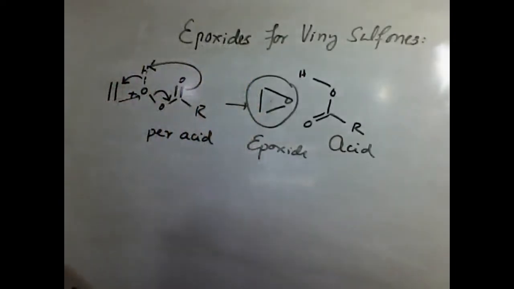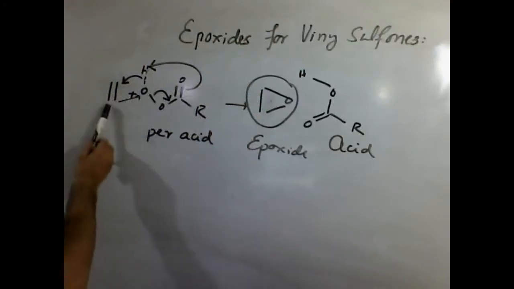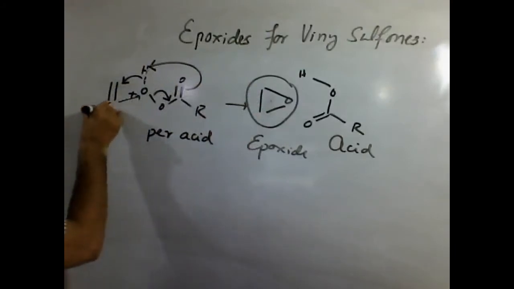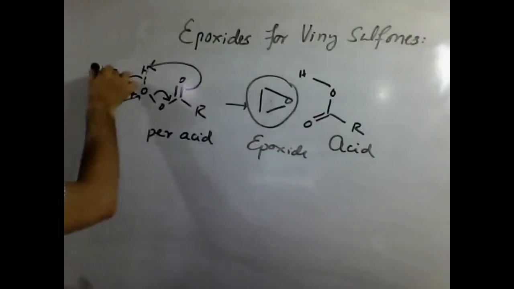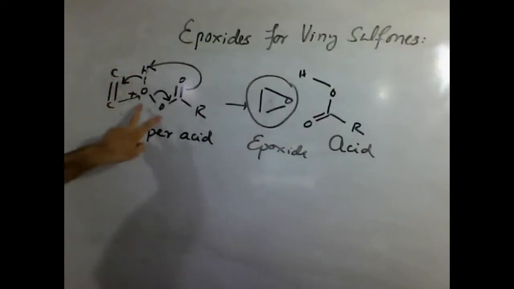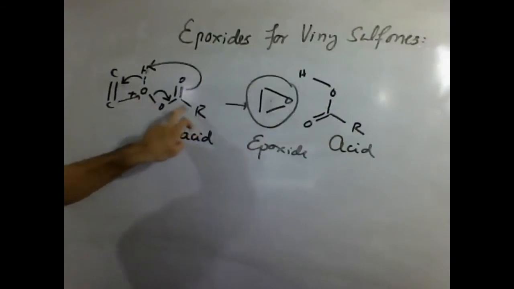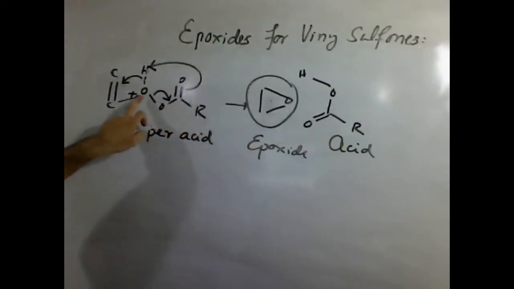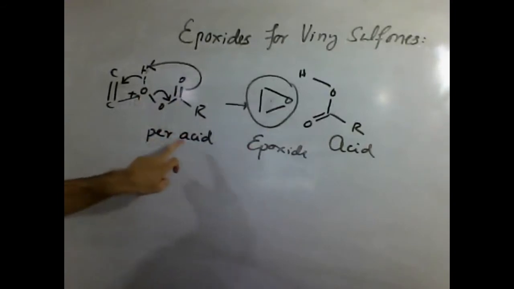I can give you a glimpse again. Actually, this is an alkene, and we are to react it with a peracid. So an acid with one extra oxygen makes it a peracid. So what happens?